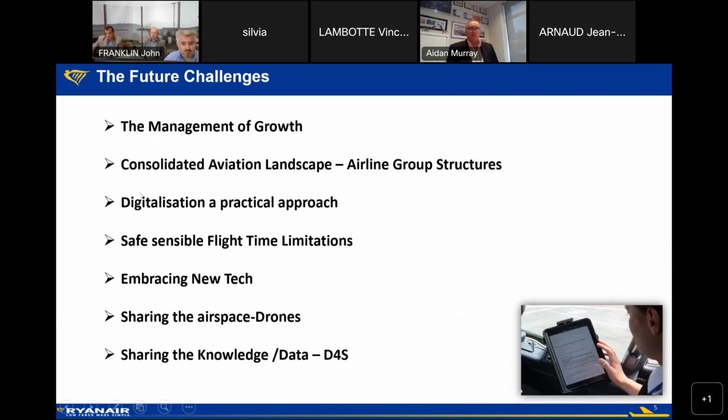Next slide, thanks. So, future challenges for us: we see obviously the management of growth. We're back into a growth stage. We've taken delivery of 73 new airplanes in the last 12 months and integrated them into the operation.